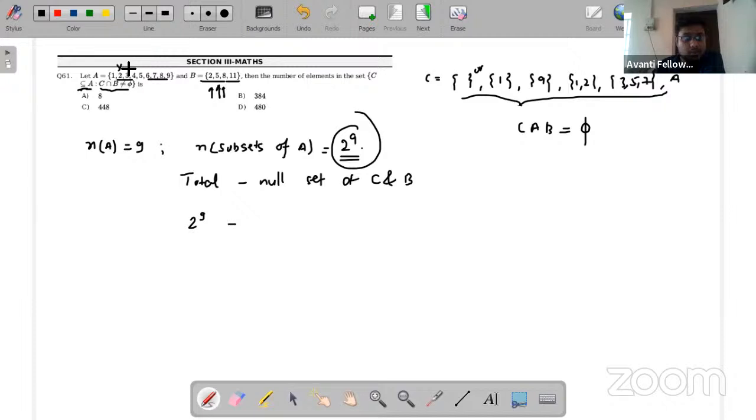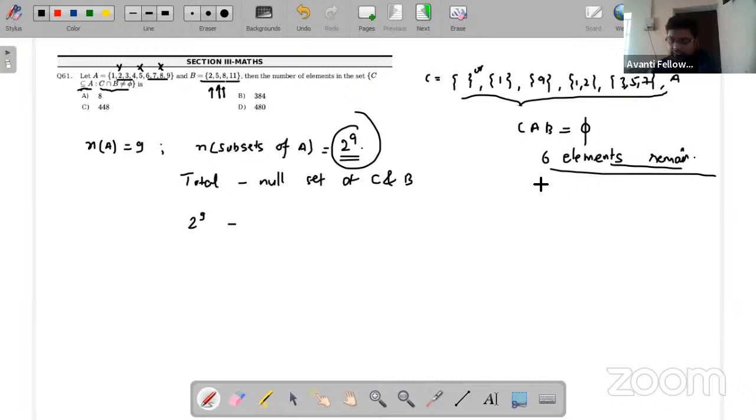So I'll remove 2, 5 and 8. Now how many elements can I take from set A? The remaining 6 elements, because a total of 9 elements were there and I have removed 3. So a total of 6 elements remain. And out of these 6 elements, how many subsets can I form?